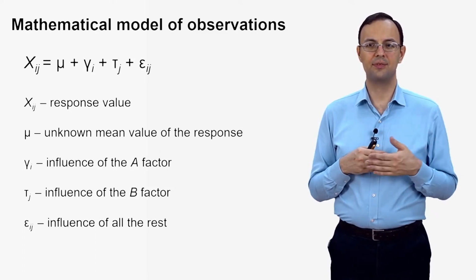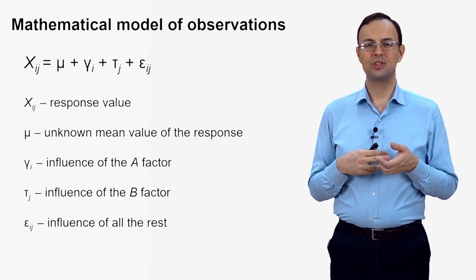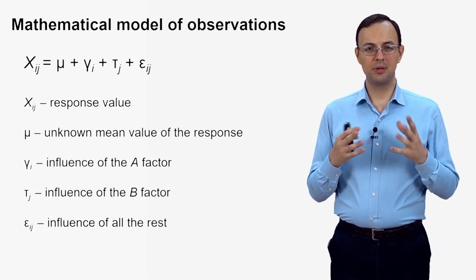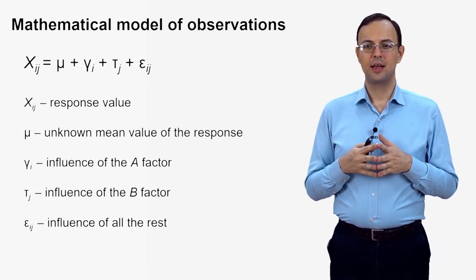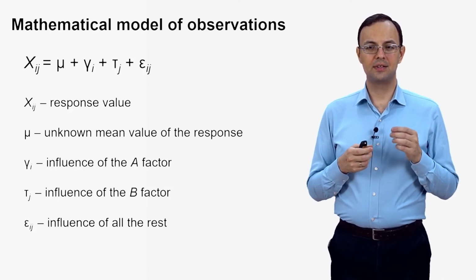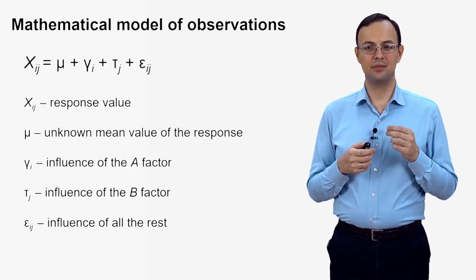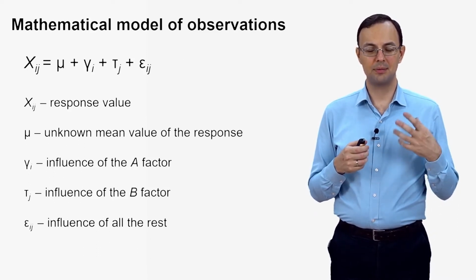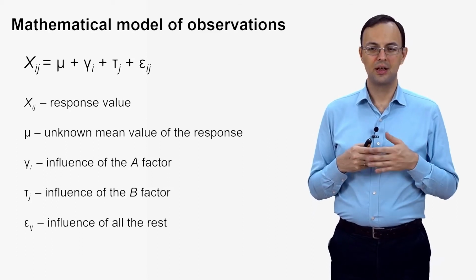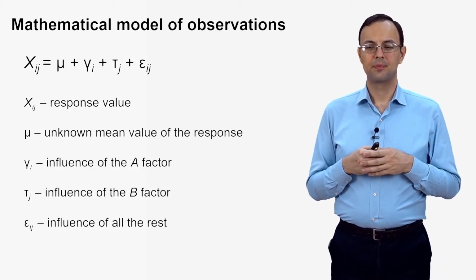So we still have the response value, we still have the global mean value of the response, and gamma i is the influence of the A factor, and tau j is the influence of the B factor, and epsilon ij is the influence of all the rest.